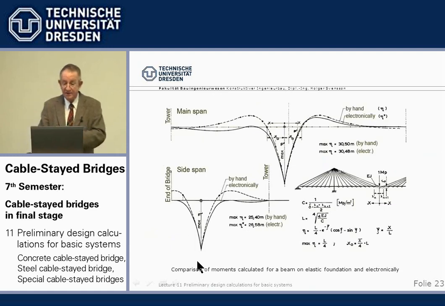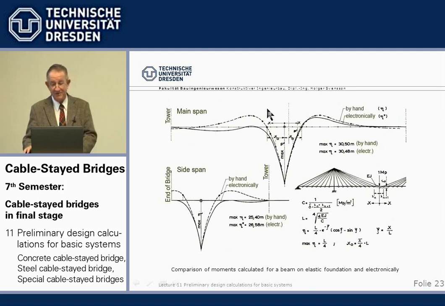And since you probably believe more in computer calculations than in my word, I have here a comparison of the influence line for the same cable stayed bridge, calculated for a beam on elastic foundation, the way I've told you, and the influence line for a beam moment calculated by computer.